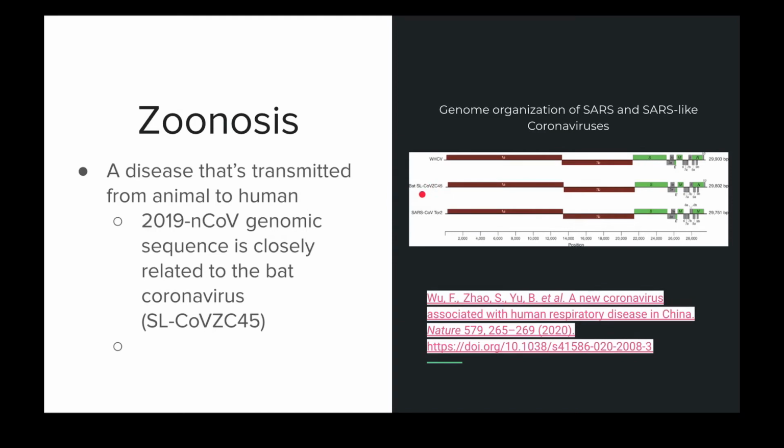You can see that it's very similarly related to the SARS coronavirus. So the genomic sequence here and here, they're very similarly related. So we can safely come to the conclusion that the 2019 novel coronavirus originates from the bat coronavirus, or is a strain of the bat coronavirus.